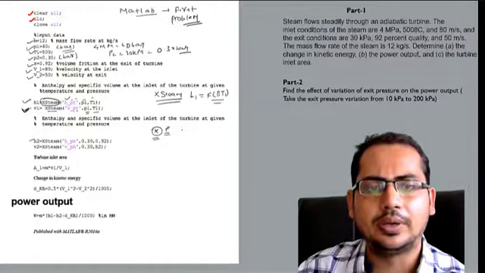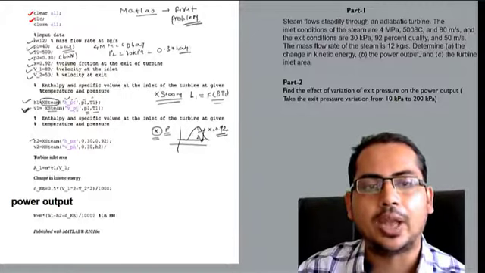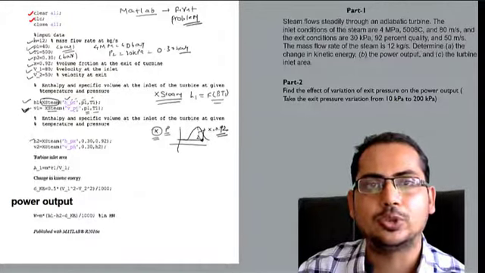The reason is very simple. If this is the expansion, let's suppose these are the two points, and here is the dryness fraction line X equal to 0.92, and this is the pressure. Two properties are needed to calculate the state in the phase change zone. So you need the pressure and dryness fraction.